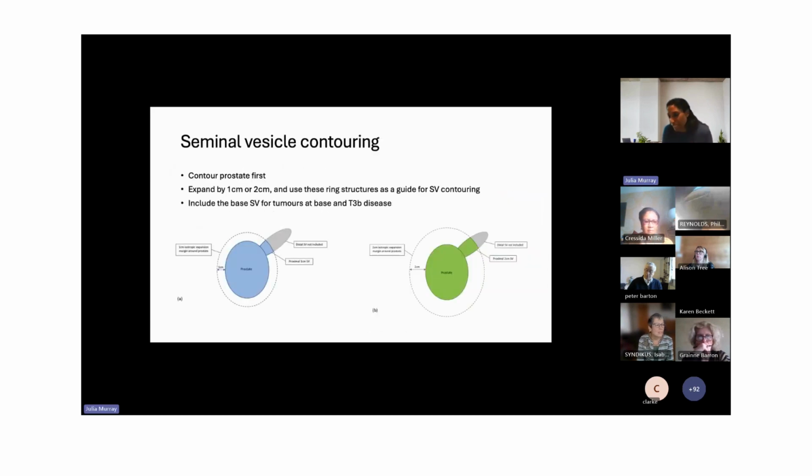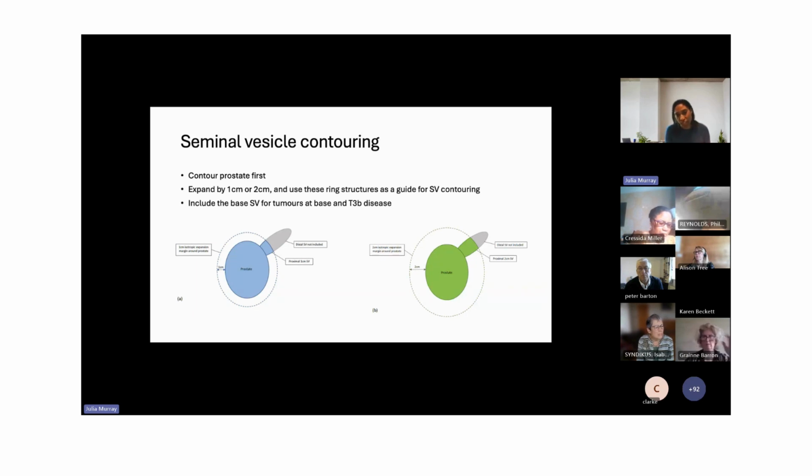Then the other bit that, when we're viewing contours, does have quite a lot of variability is seminal vesicle contouring. And I really like these ways now of thinking about how much seminal vesicle to include, and I've taken this from the PACE protocol, which Dr. Tree developed, to guide us in how much of the seminal vesicles to include.